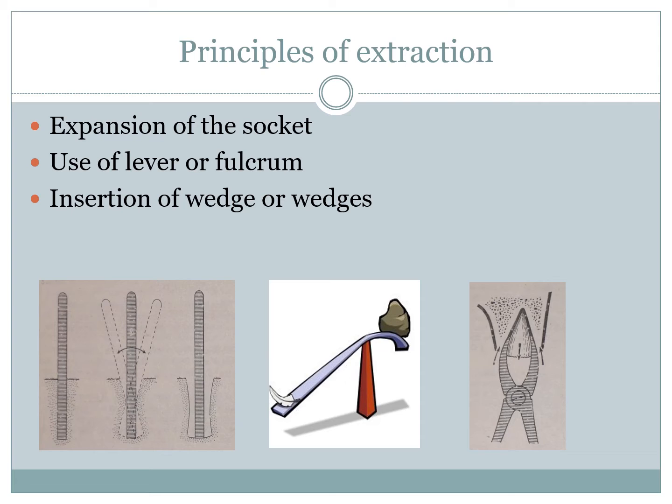In the second diagram you can see on one side there is a load and on the other side the effort. The middle point is the fulcrum, the red point. So minimum effort, maximum load. Next one, the insertion of a wedge. That means the beak will engage. The diagram shows the beak engaging between the tooth and the bone, creating a space so the tooth can come out. It's like a wedge.